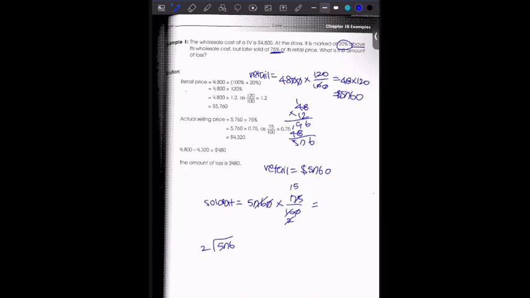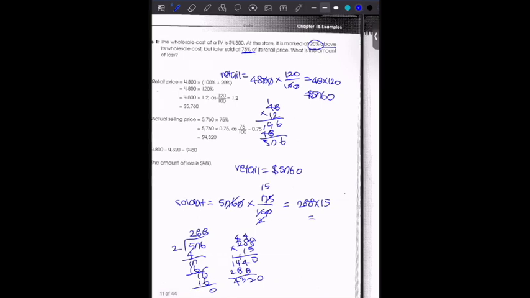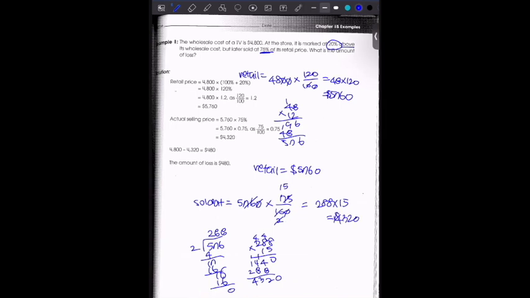So 576 divided by 2 is going to be 288. So we're doing 288 times 15, and that is going to give us $4,320.